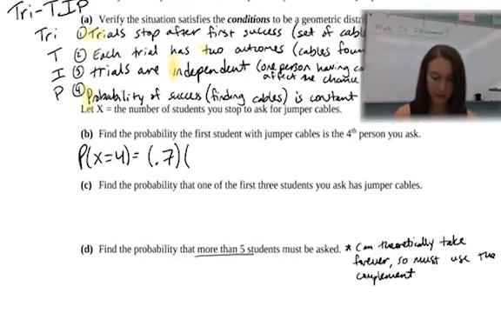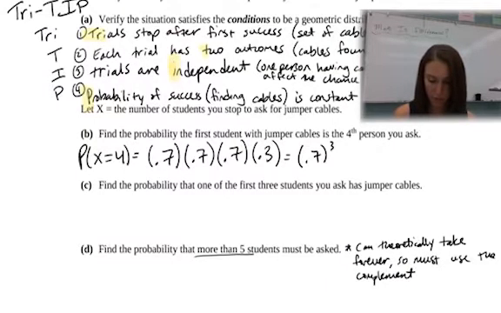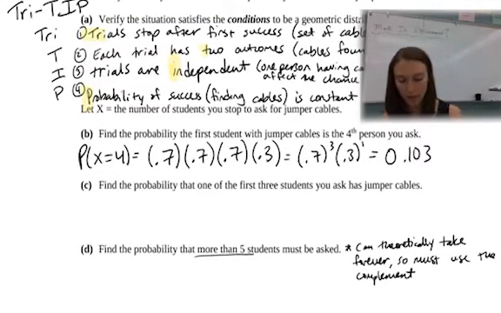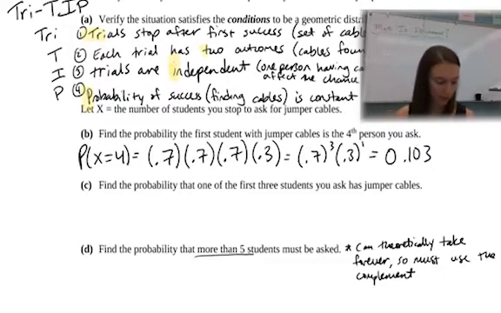It's going to have the same probability of failure. The next person does not have cables, the next person does not have cables, but the 4th person does. So here's my probability, or you can write this as 0.7 cubed times 0.3 to the 1 power, and that's going to be 0.103.